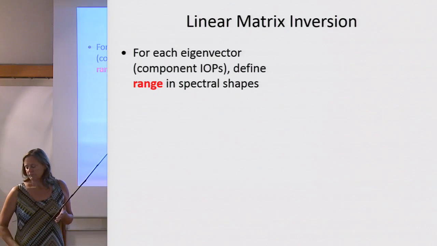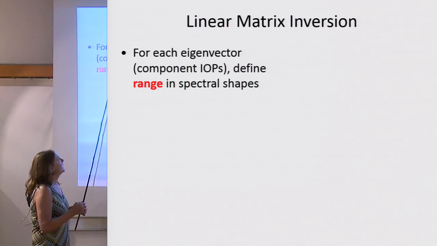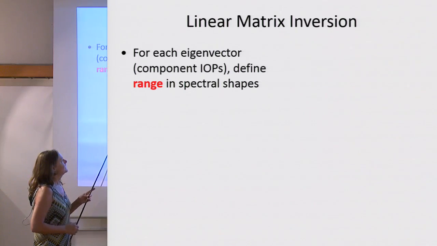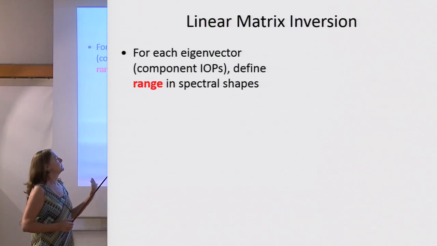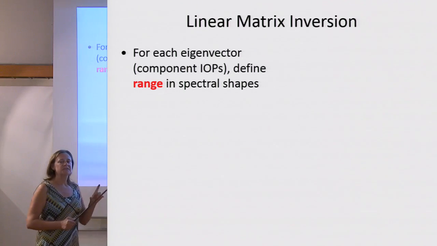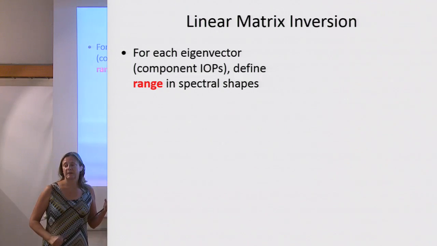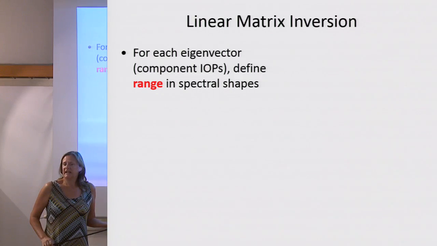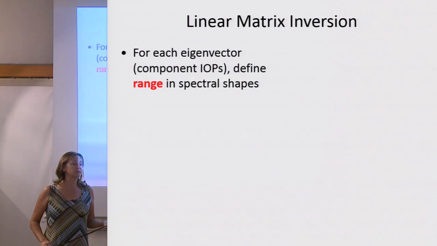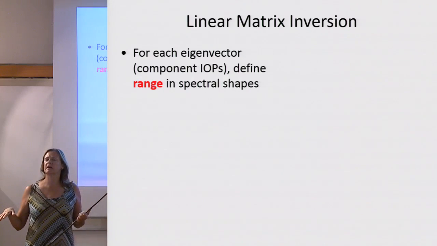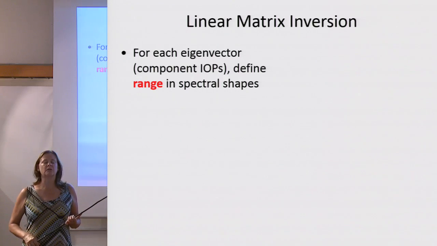So for each eigenvector, and that would be the phytoplankton absorption or the particle backscattering, instead of defining a single spectrum or a single shape or a single slope, we can define a range of spectral shapes. We could say, I happen to have 10 different phytoplankton absorption spectra associated with the 10 species or pigment groups that I know apply to this region.